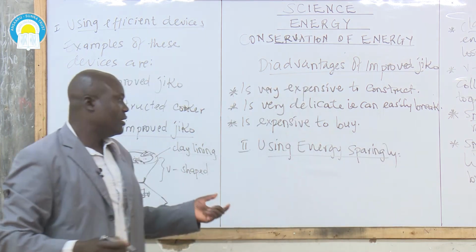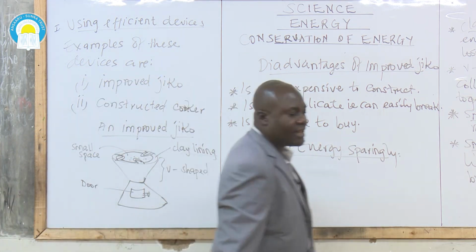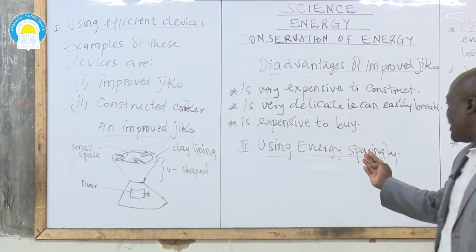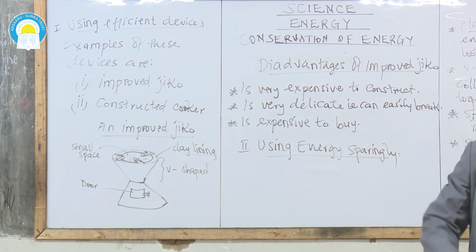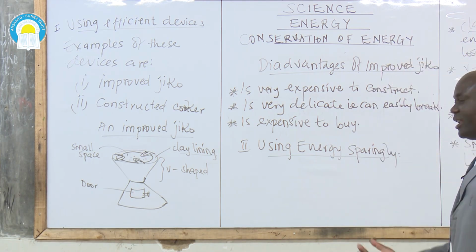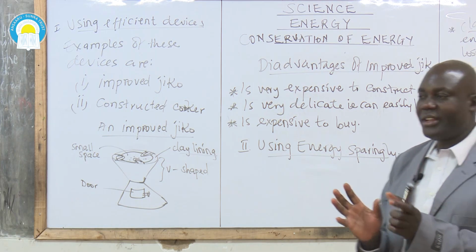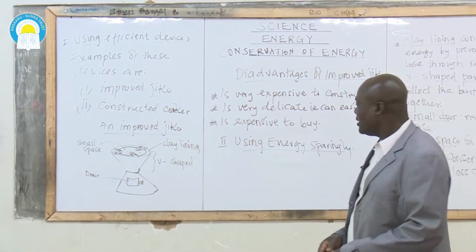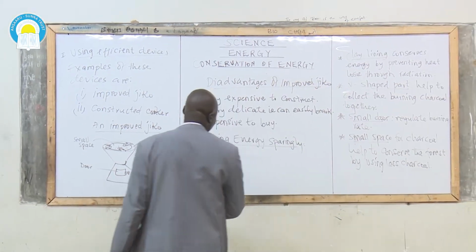So what is using energy sparingly? It means you use energy with care, without wastage. For example, if you are boiling water, you make sure that you boil just enough water, not more, that can be wasted.